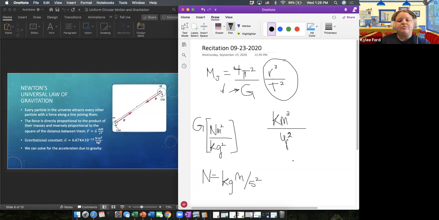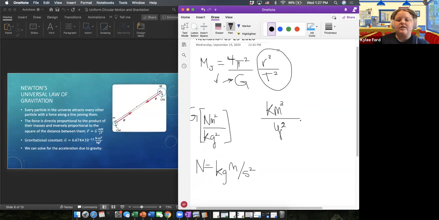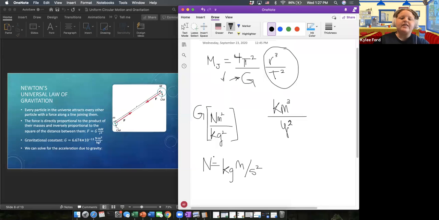So we just need to be really careful. We can't just say, oh, it just is magically kilograms. We have to make some conversions first. Those conversions are kind of stepwise. So you can either plug everything in, get some value, and then do your unit conversions, or do your unit conversions and then plug everything in. It's up to you.